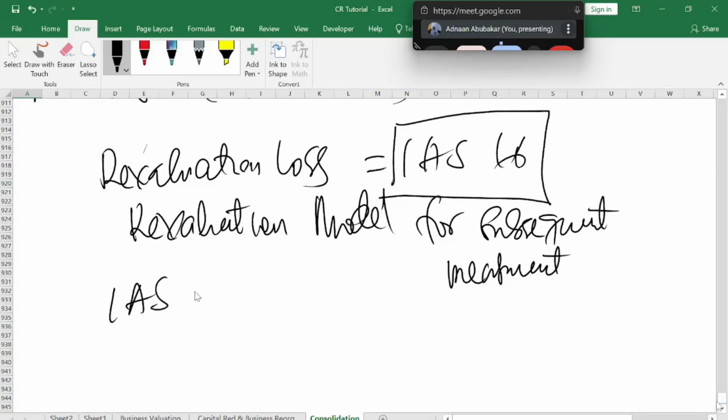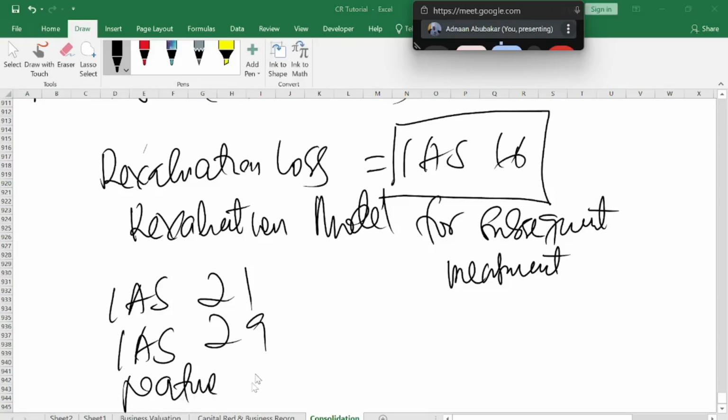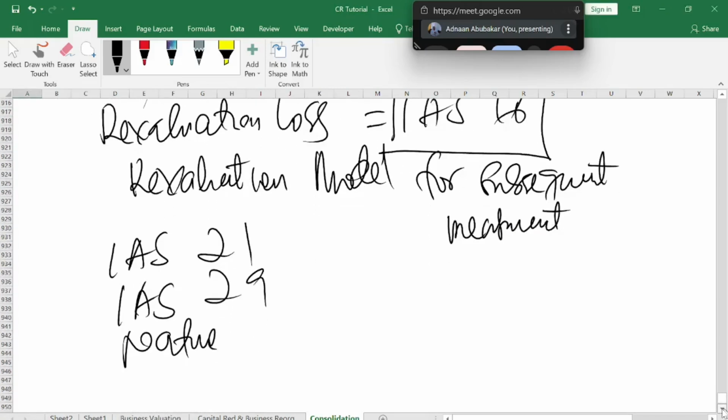One, IAS 21, and then IAS 29, and maybe the nature of the assets. All these can affect the value.